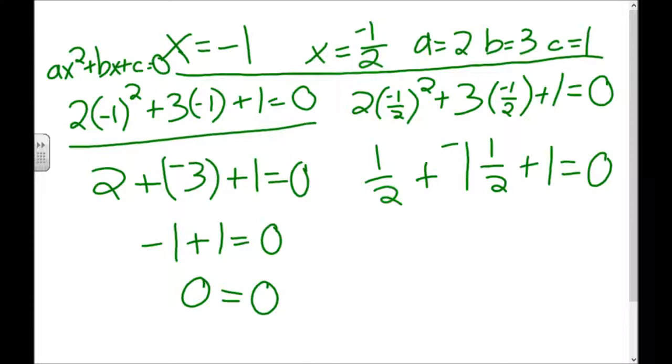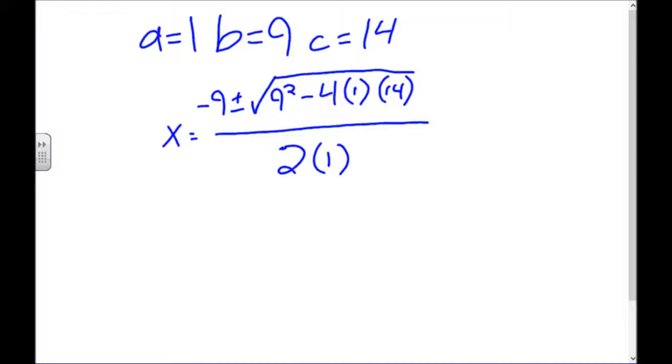Now we just keep simplifying. So 1/2 minus 1 1/2 equals -1 plus 1 equals 0. And so that simplifies to 0 equals 0. So for this example, everything worked out. Now I'm going to pass it back to Tori so she can do the next example.